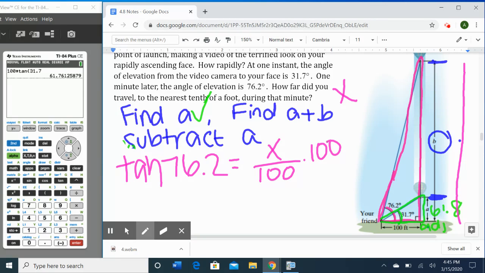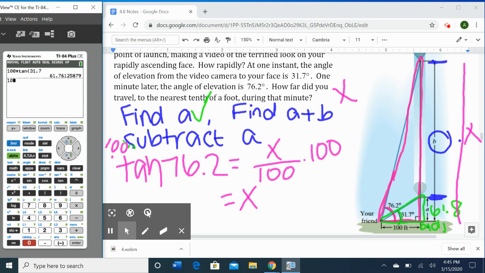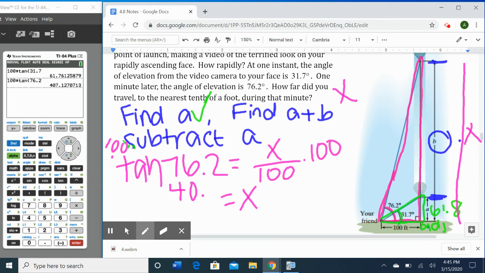So I'm going to multiply both sides by 100, and that's how I'm going to find this X that represents this whole distance. So I'm going to take 100 times the tangent of 76.2 and get that whole distance is 407.1. So this whole long distance is 407.1.